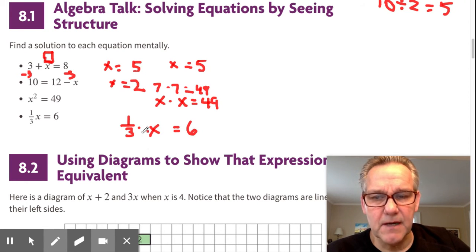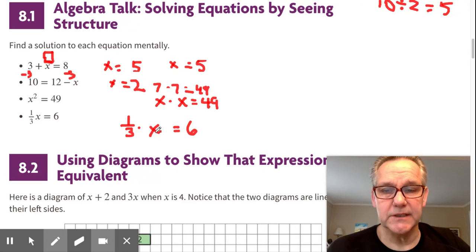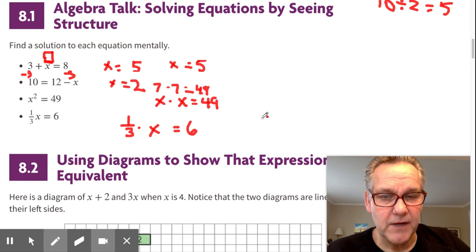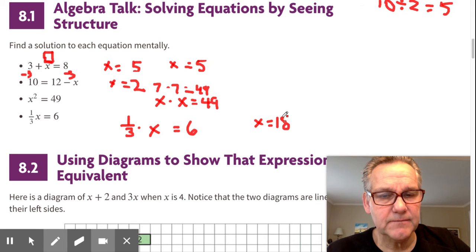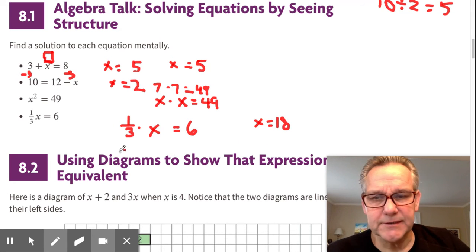So some number multiplied by 1/3 equals 6. It's the same as saying some number divided by 3 equals 6. Well, once we phrase it that way, I think most of you already know that x must be equal to 18.